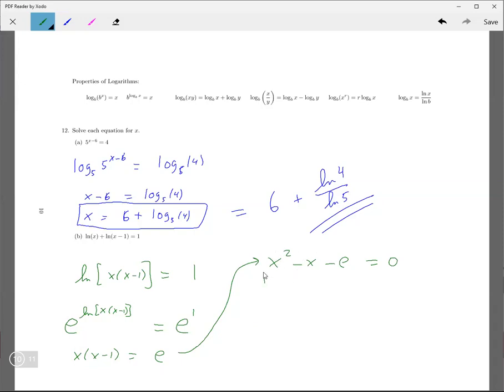Okay, now I'm going to identify that this coefficient is 1, and this coefficient is -1, and this coefficient is negative e, and I'm going to apply the quadratic formula. Okay, so negative b, well, that's going to be 1 plus or minus the square root of b squared, which is 1, minus 4ac, so that's plus 4e. That's all over 2a, 2 times 1.